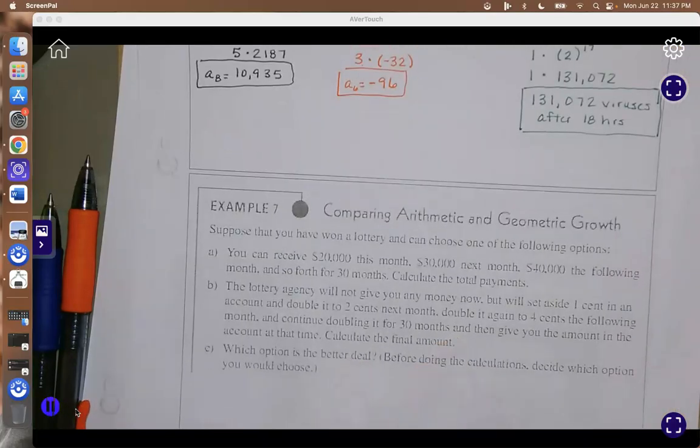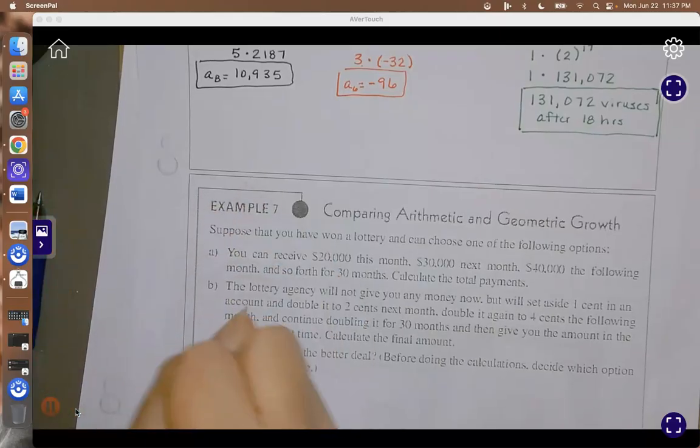Comparing arithmetic and geometric growth. Suppose you've won a lottery and you can choose one of the following options. You can receive $20,000 this month, $30,000 next month, $40,000 the following month, and so forth for 30 months. Calculate the total payments. Okay, that's an arithmetic sequence.